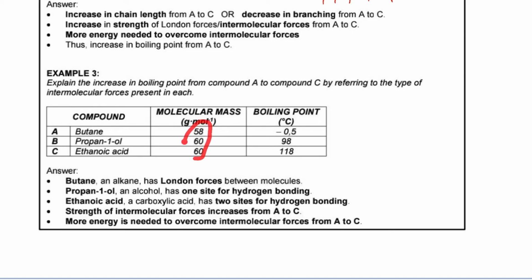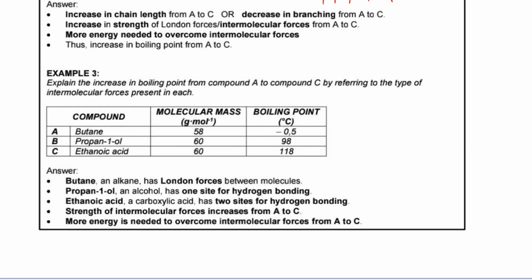And if you can see their molecular mass, they are equivalent. This 58 is almost the same as 60, so their molecular masses are equivalent, and their boiling points are different. As you move from A to C, the boiling point increases. It tells us about the intermolecular force there.